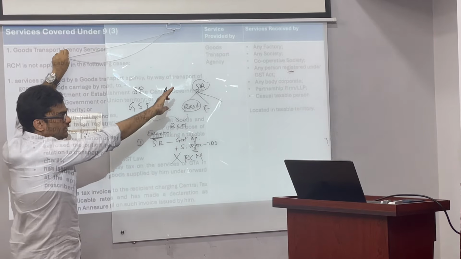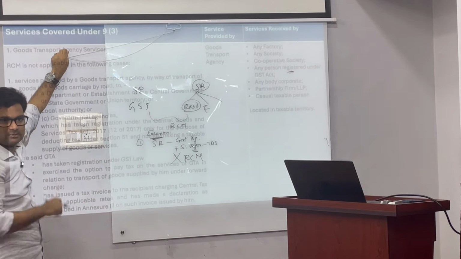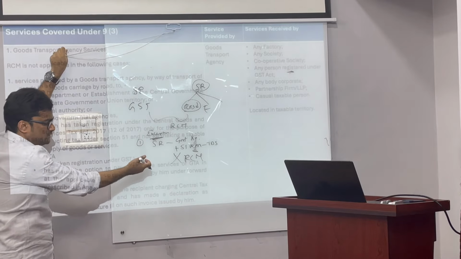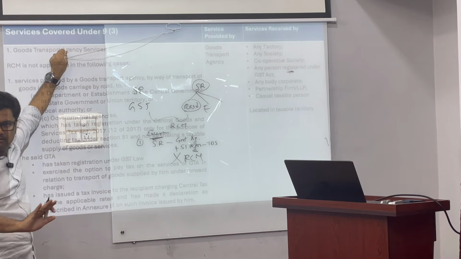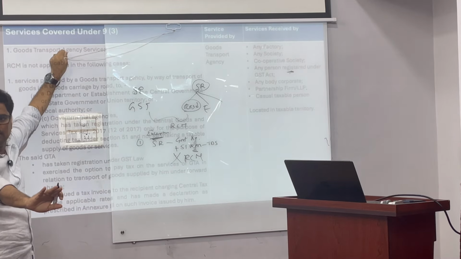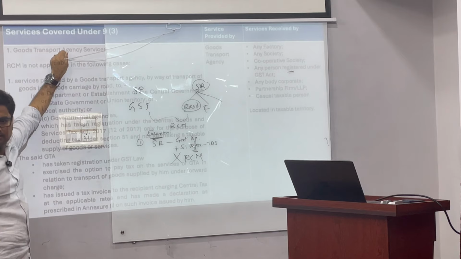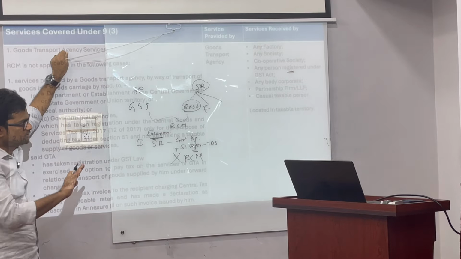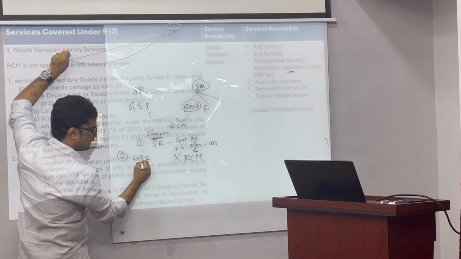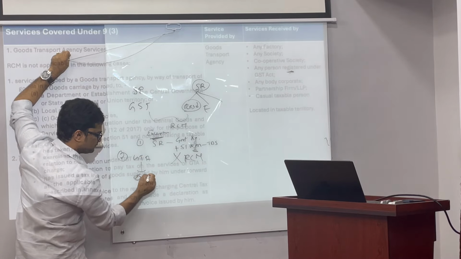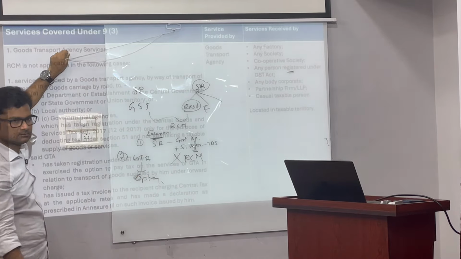If you read that, it appears that as if RCM is applicable. But if you read the exception, oh no, even if they are registered, still forward charge mechanism applicable. RCM is not applicable. This is case number 1. Case number 2, I am a GTA. Now I have exercised an option. What is the option?